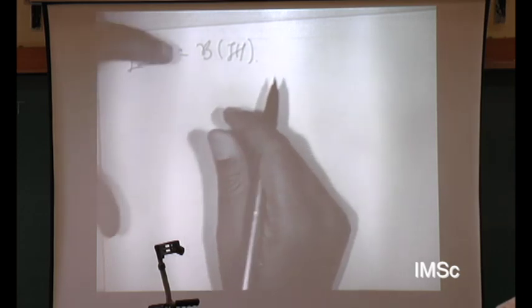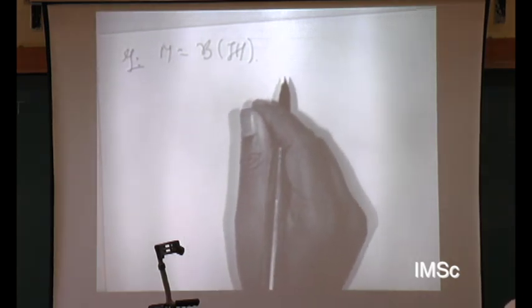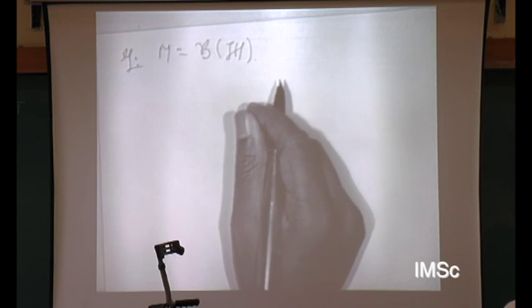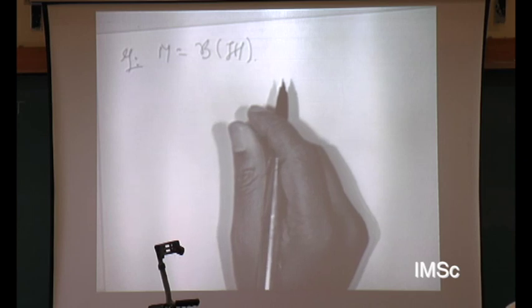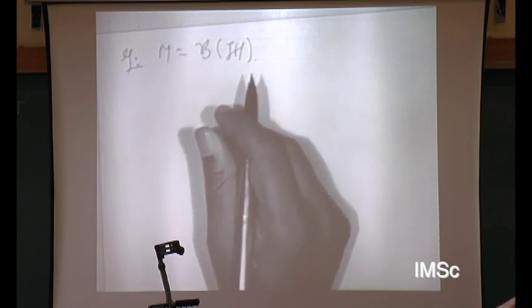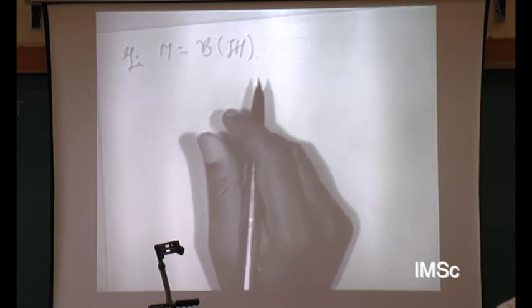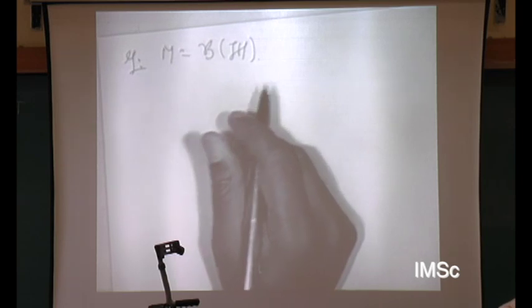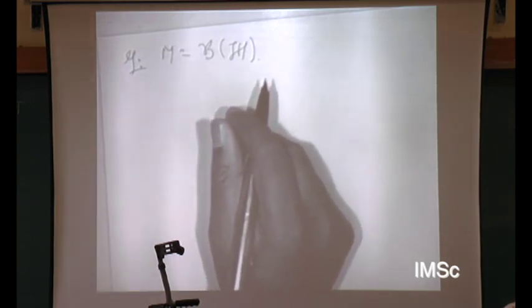And if I start with something which is positive, then all the diagonal entries will be positive. Because if we express a positive operator with respect to the orthonormal basis xi_n, then the diagonal entries are (x xi_n, xi_n). So those are positive, right?